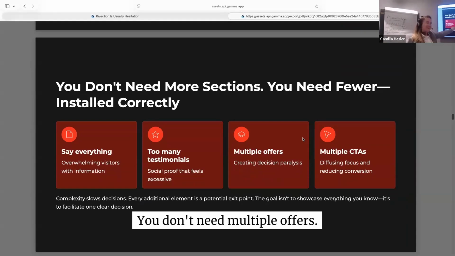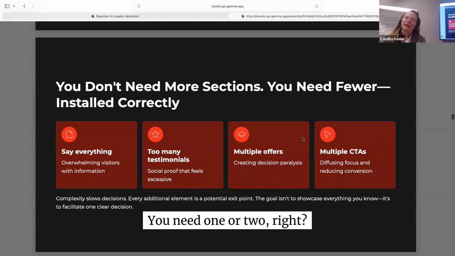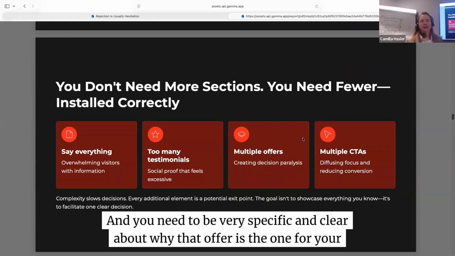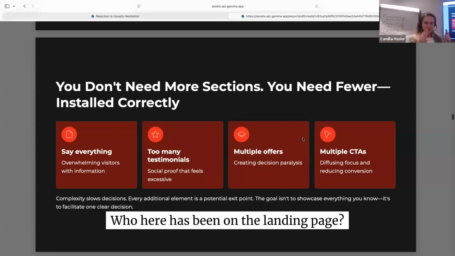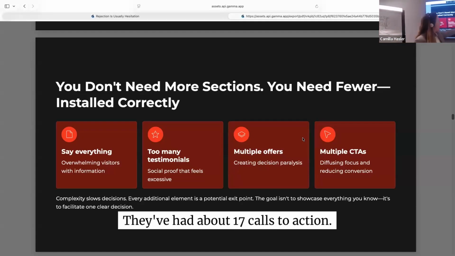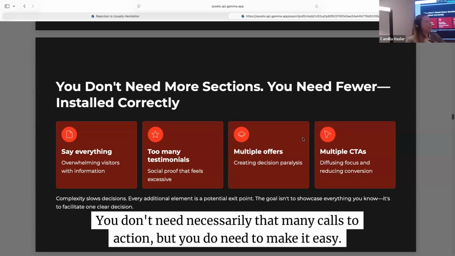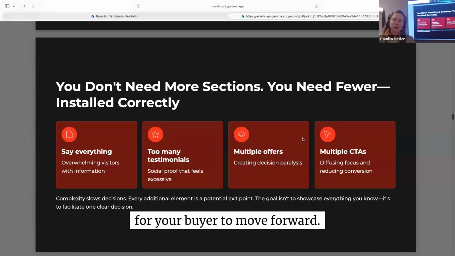You don't need multiple offers. You need one or two, and you need to be very specific and clear about why that offer is the one for your ideal buyer. You don't need multiple calls to action necessarily. Who here has been on a landing page where they've had about 17 calls to action? You don't need that many, but you do need to make it easy for your buyer to move forward.